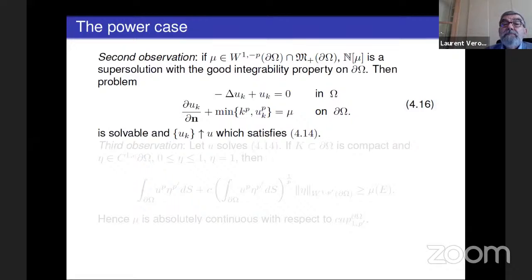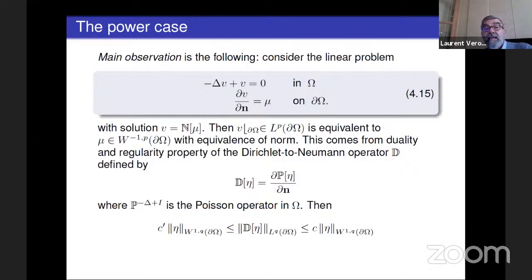Now, if you take a measure mu, it is important that if you have a measure such that N(mu) is integrable, that the function v is in L^p(∂Ω), this function v is a natural super solution of the equation.